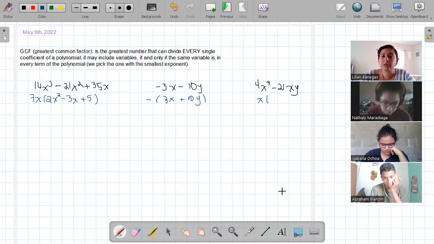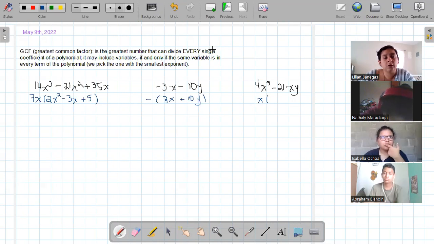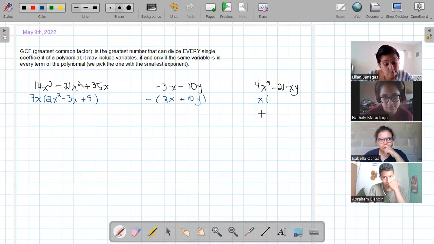We open the parenthesis and we say 4x cubed divided by x. 4x squared, very good.